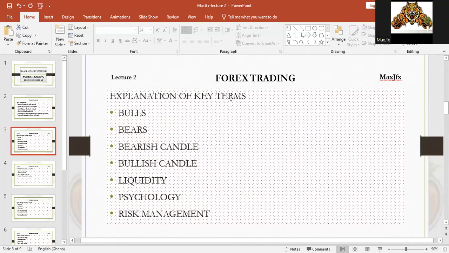Okay, the next one is liquidity. Liquidity is basically the aggressiveness of buyers and sellers, how fast or how aggressive they are.